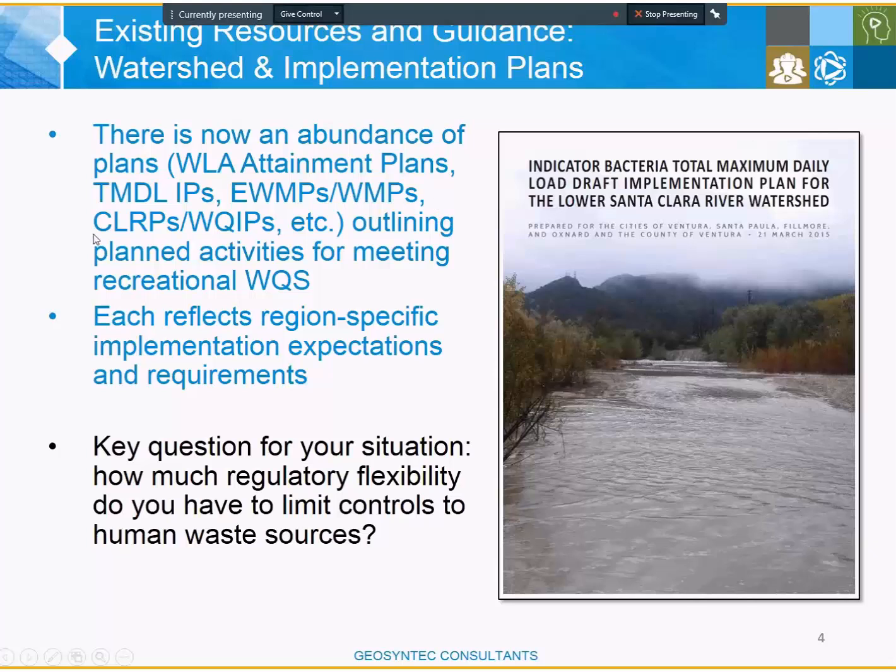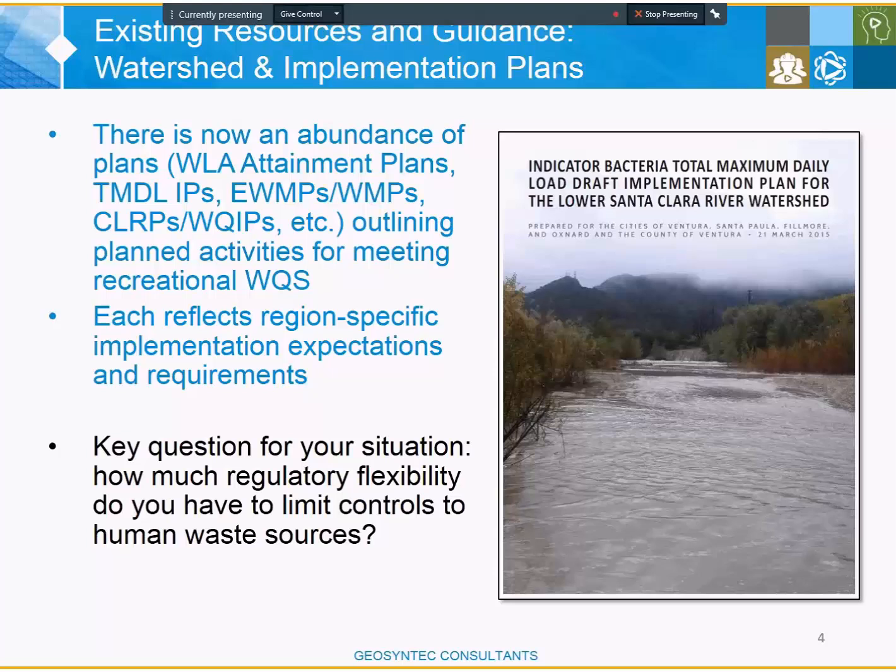And in the San Diego region, there were previously the combined load reduction plans and now the water quality improvement plans. So there are different acronyms, different names in each region, but essentially these plans outline the planned activities that the watershed groups and MS4 agency groups intend to implement in order to meet the recreational water quality standards.